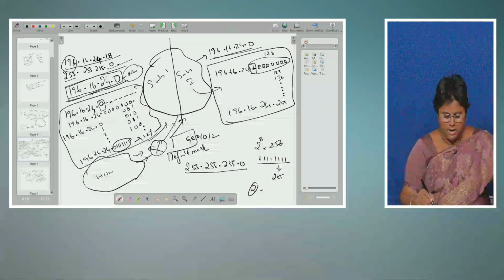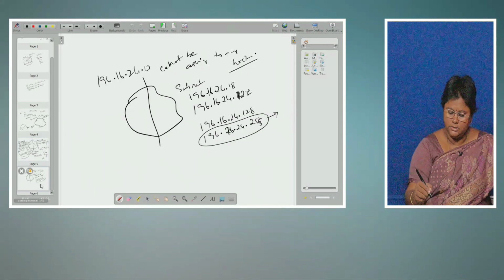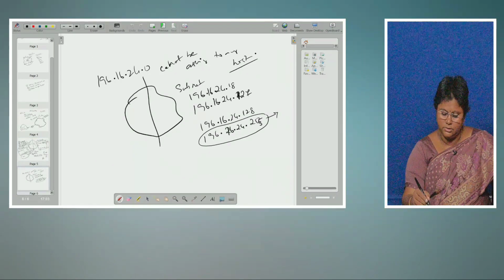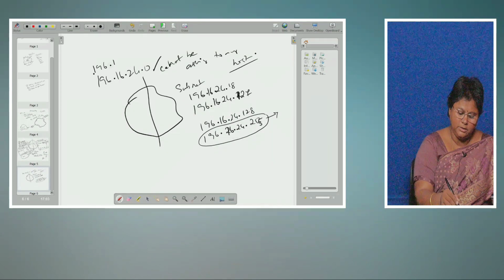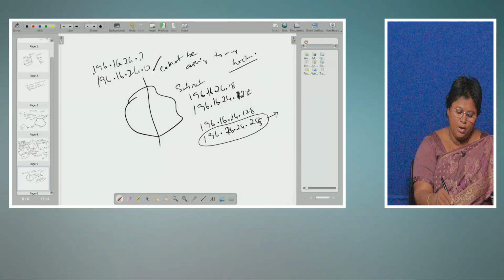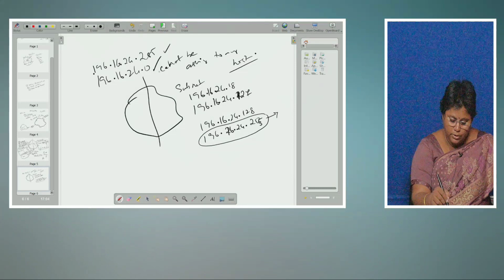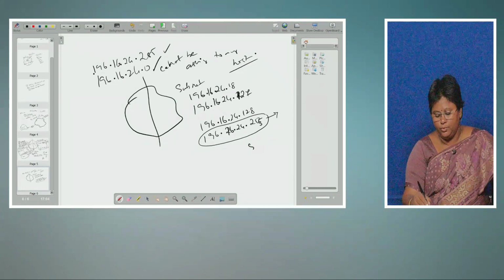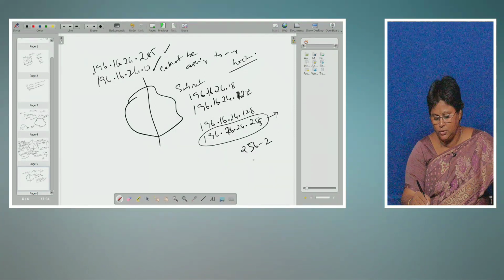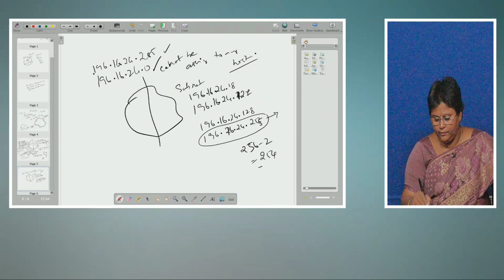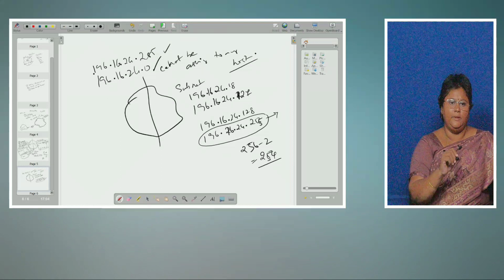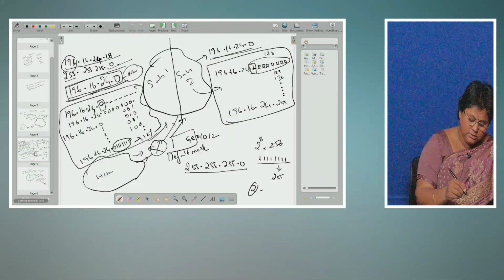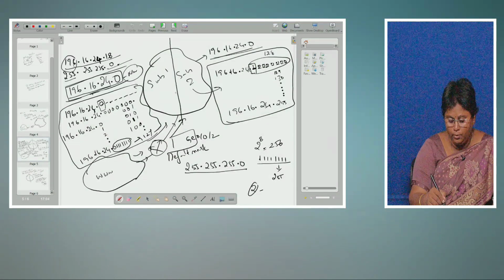One is 196.16.24.0 and the other is 196.16.24.255. If you remove these two, 256 minus 2 is 254, which is the number of usable hosts in this network. So this is how a network is divided into two subnets.